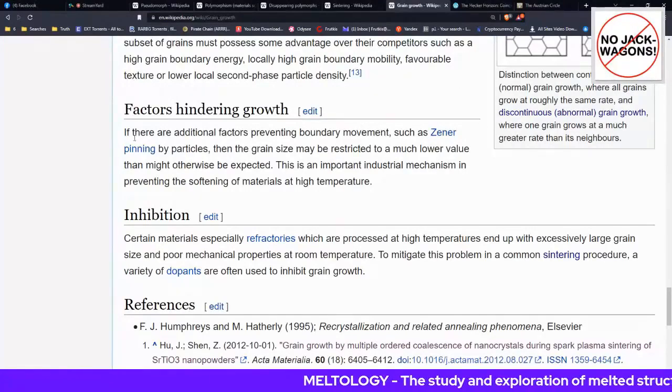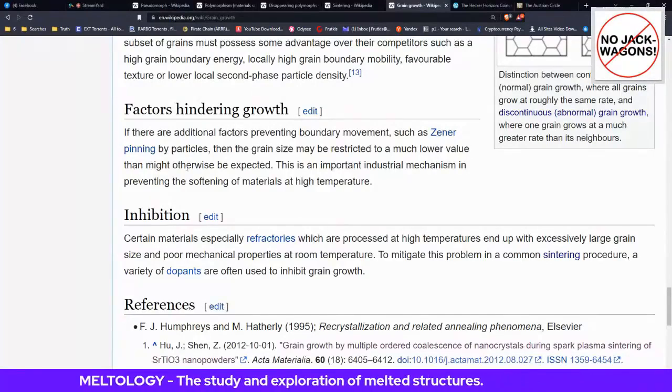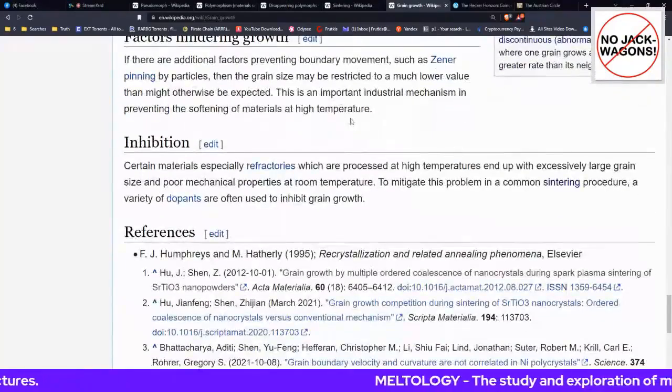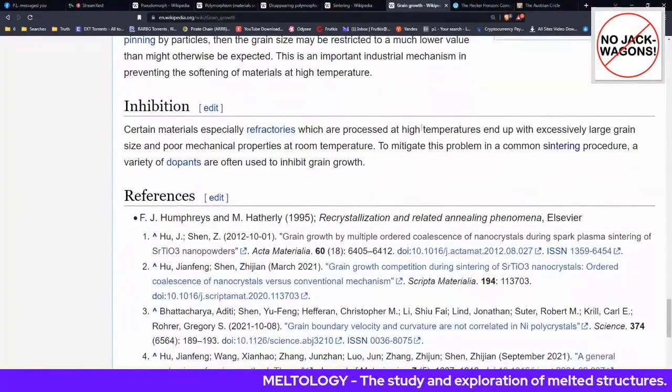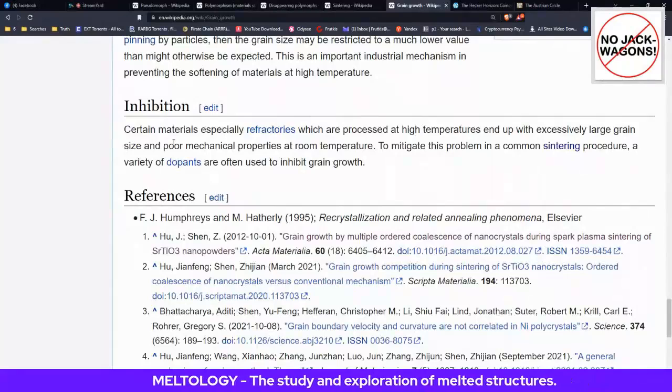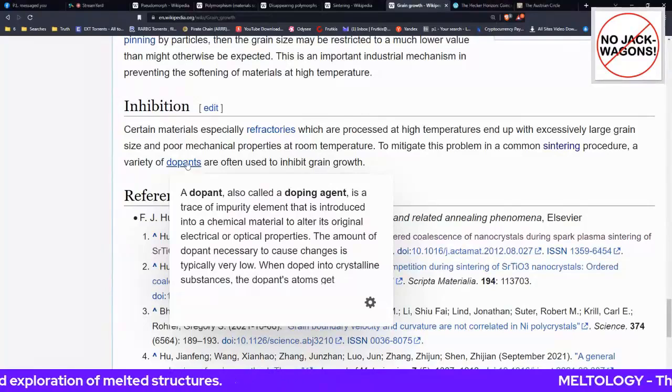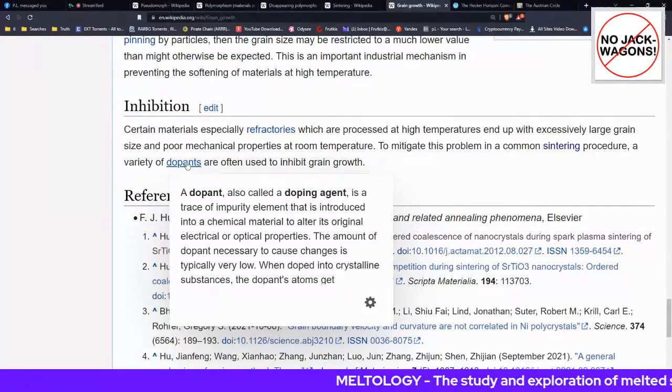Yes. And then they have found that this grain size may be restricted to a much lower value, because they found that this grain growth can be prevented if they add something to the material. It's called a dopant, a doping agent, that they add to the material to alter the original electrical or optical properties.